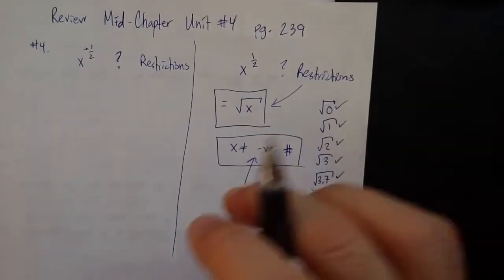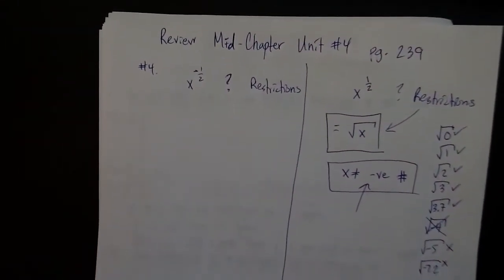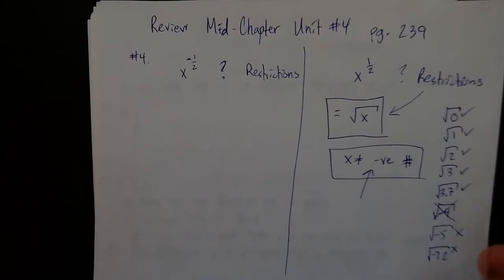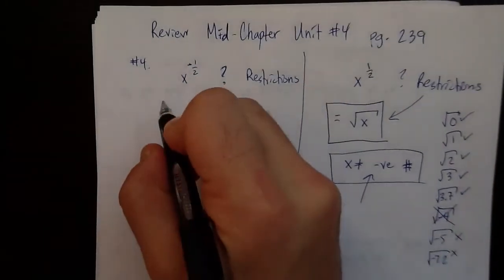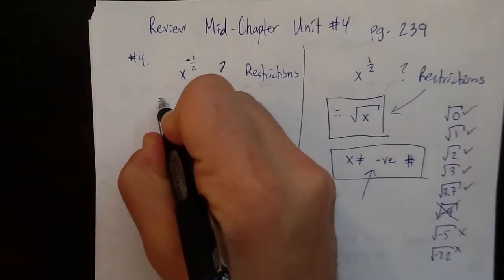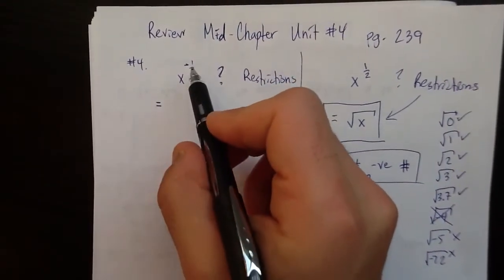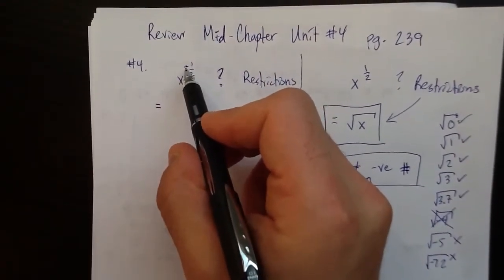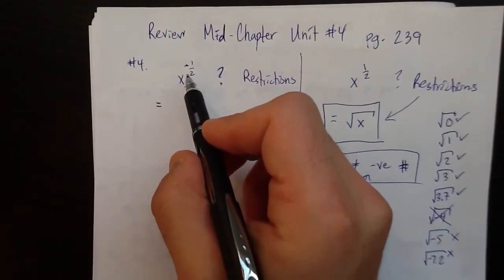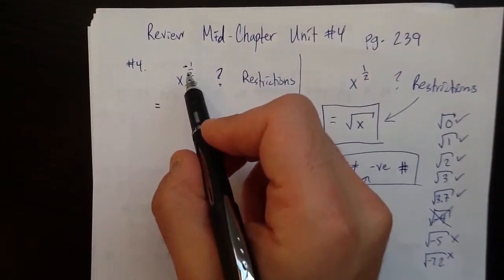Now if we take a look at this one, are the restrictions the same or different? Let's look at what this means. There are two things going on here. Not only do you have the power of a half, you also have the power of a negative. The first thing I'm going to apply is my negative exponent rule.